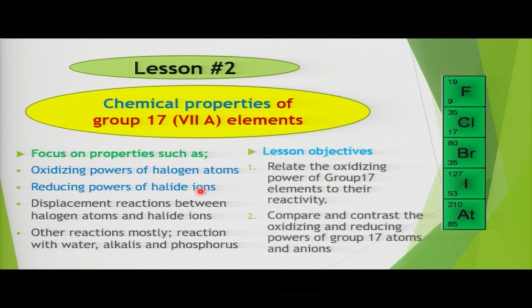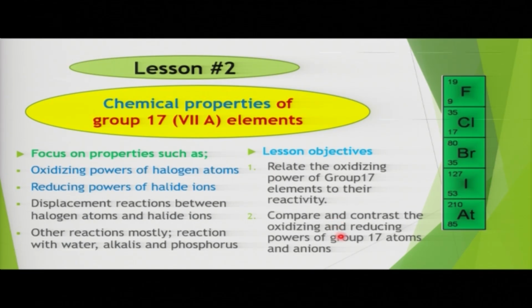So today's objectives are: one, you should relate the oxidizing power of the halogen atoms to their reactivity. In simple terms, how do they react, and how is the oxidizing power related to their reactivity?